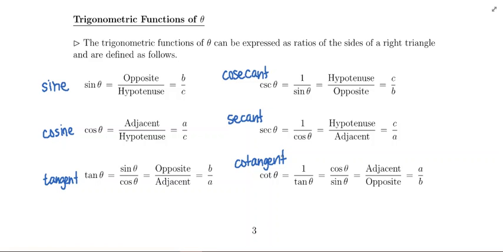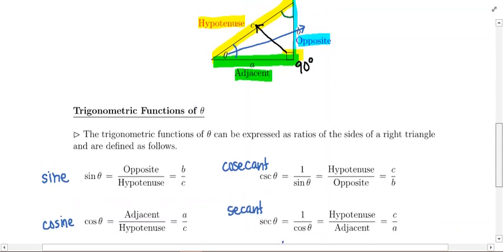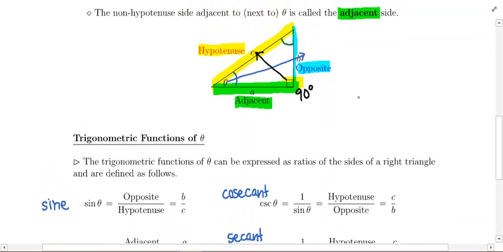To define the sine of that angle, it is defined as the opposite divided by the hypotenuse. So the opposite side over the hypotenuse. If we go back up and look at our schematic up here, I'll go ahead and erase this.